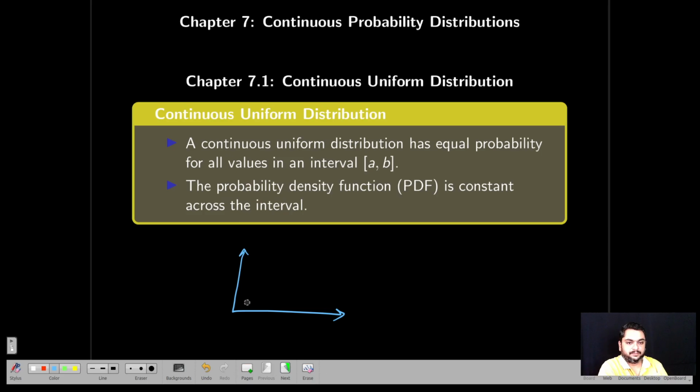But in continuous, if we take the interval a, b, we will not have points between a and b. Instead, you will have a complete area bounded under the interval a comma b. So this is the probability density of the uniform distribution for a continuous random variable.